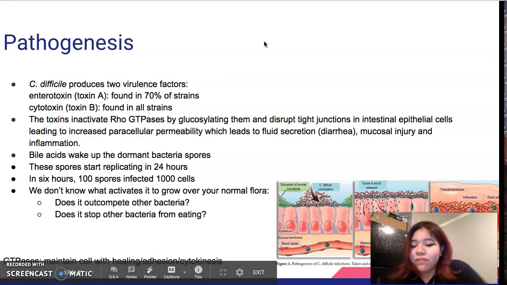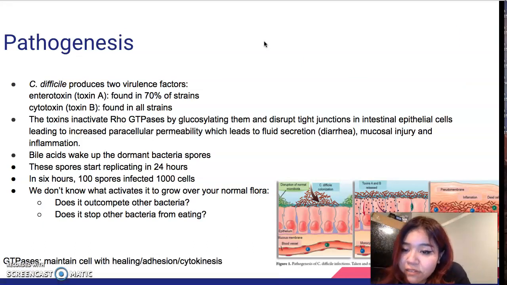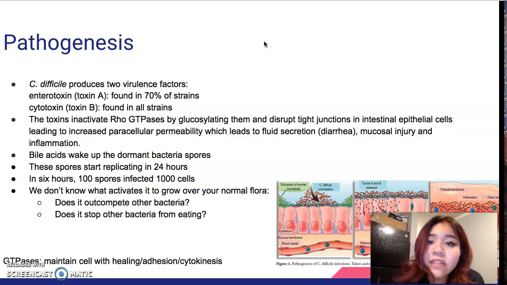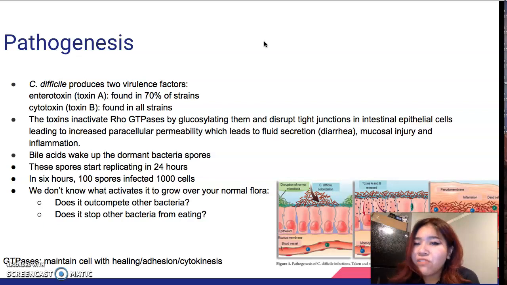So I already talked about how it kind of works. It produces two virulence factors, enterotoxin and cytotoxin. Toxin A is found in 70% of the strains. It's a little more aggressive than toxin B, which is found in all the strains.